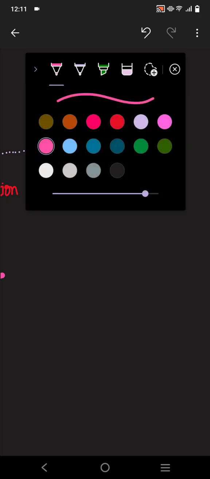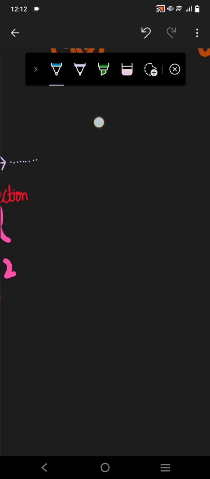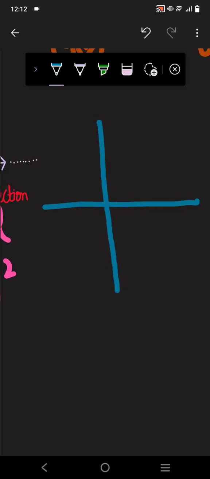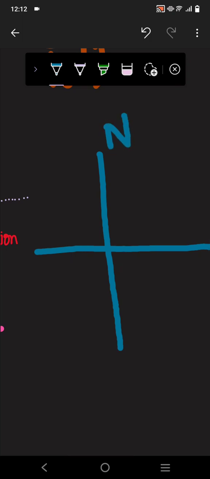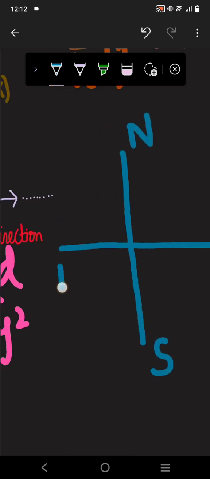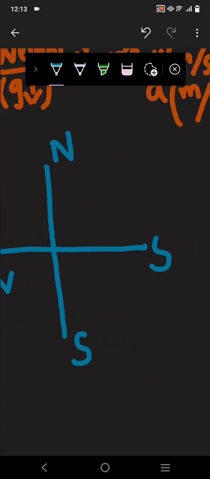Now we're going to see a few directions. I'm going to make a chart over here. As I promised, this is north, south, east, and this is west. Before going further, think: if I make the angle over here, what will be the direction of this angle?